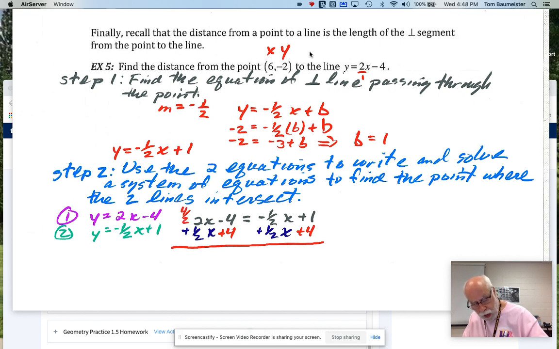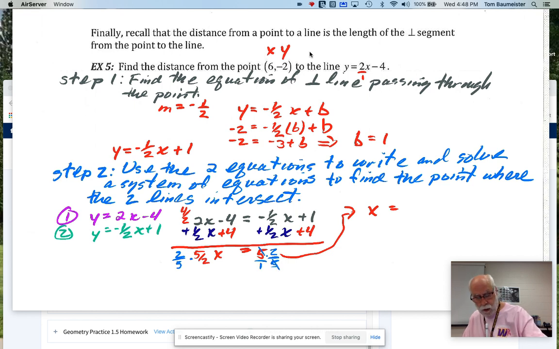So 4/2 plus 1/2 gives us 5/2 x. And again, the minus 4 plus 4 goes away. And then I'll have 5 on the other side there. Okay, so now to get x by itself, I'm going to multiply both sides by the reciprocal. The reciprocal of 5/2 is 2/5. And if you think about it again, 5 divided by 5 gives me a 1. So I'll just have x is equal to 2.